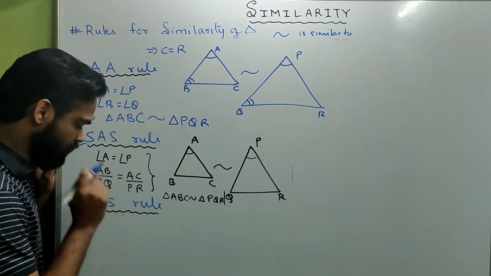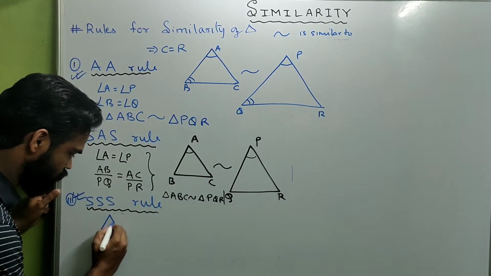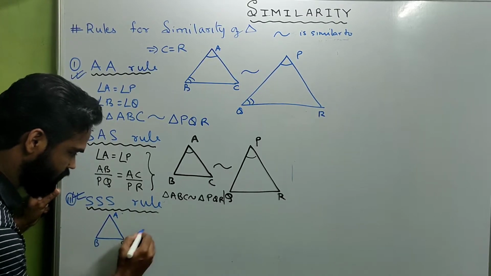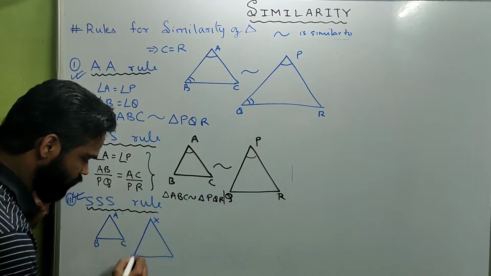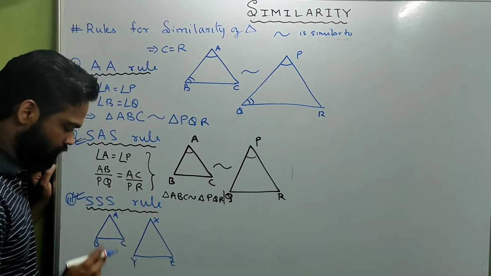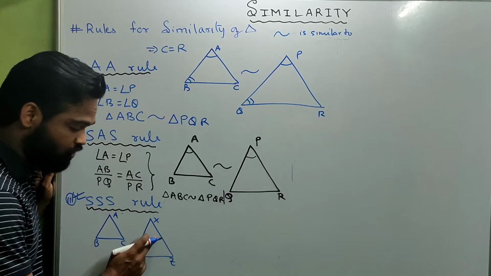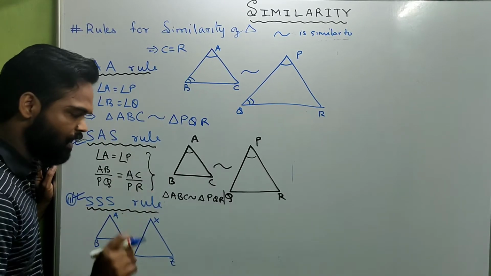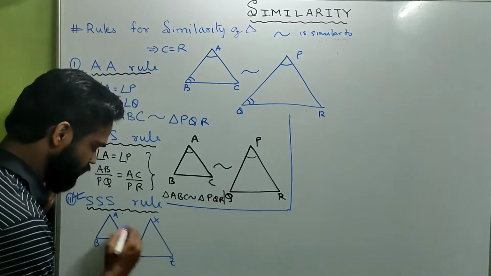Now let us look at the third rule, which says the side-side-side rule. Suppose we have a triangle ABC and another triangle XYZ. If the three sides of one triangle are proportional to the three sides of the other triangle, then these two triangles are similar. How can I represent this statement mathematically?